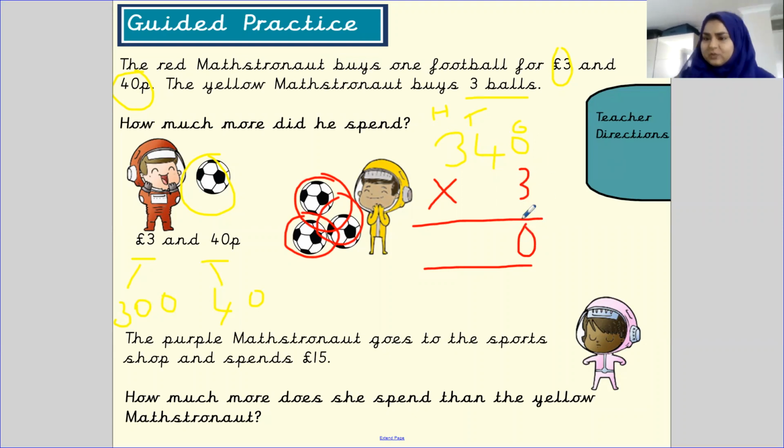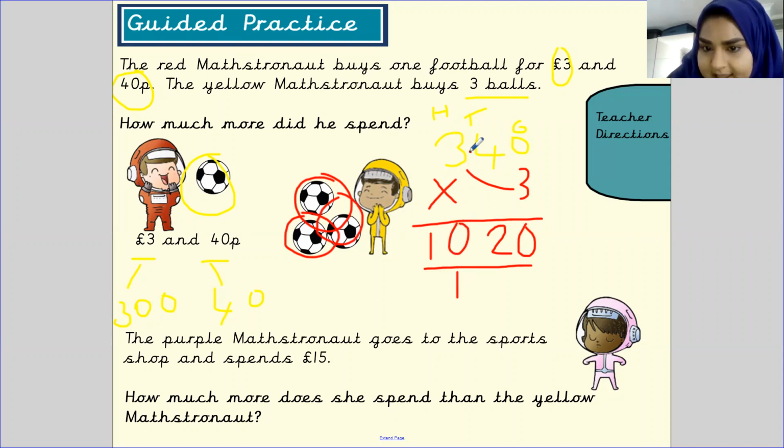3 times 4 is what? Shall we count 3 times 4? So I've got 4, I've got 3, let's count it in 4s. 4, 8, 12. Yeah, so remember we're going to carry over, so I'm going to put 2 there and 1 here. Now I'm going to multiply 3 times 3, which is 9, plus the 1, which makes it 10.